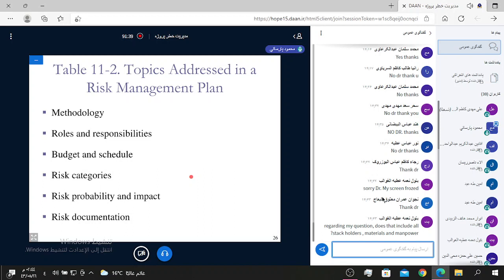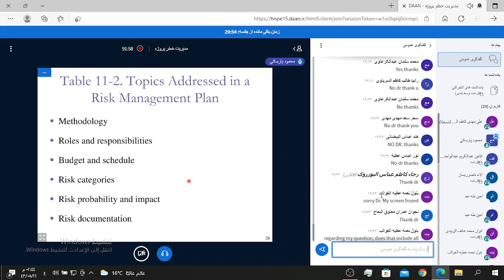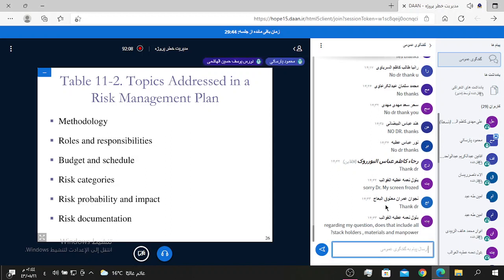And the next item that we must discuss and explain in the RMP or risk management plan is documentation. For example, risk register, risk management plan, and other documents, and some standards for our sessions, for our discussion in our team. Okay.